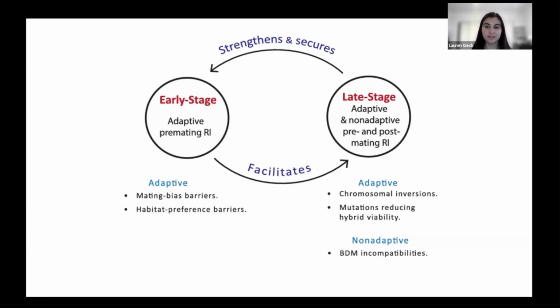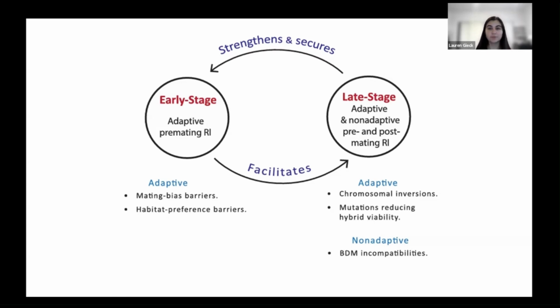Then the late stage barriers can strengthen, produce post-zygotic reproductive isolation, and further reduce gene flow. And then they also secure those early stage mechanisms with intrinsic hybrid loss to sustain premating reproductive isolation, even if disruptive ecological selection does decrease.